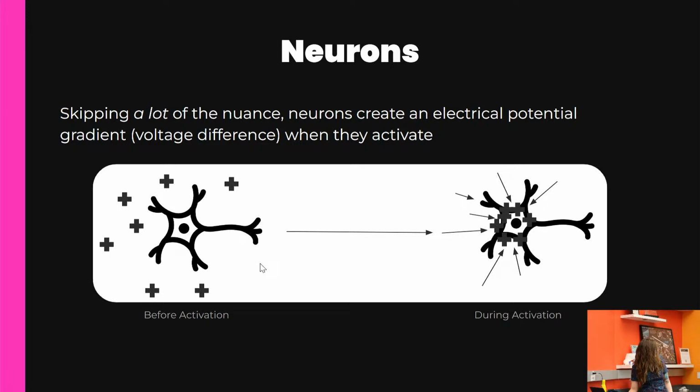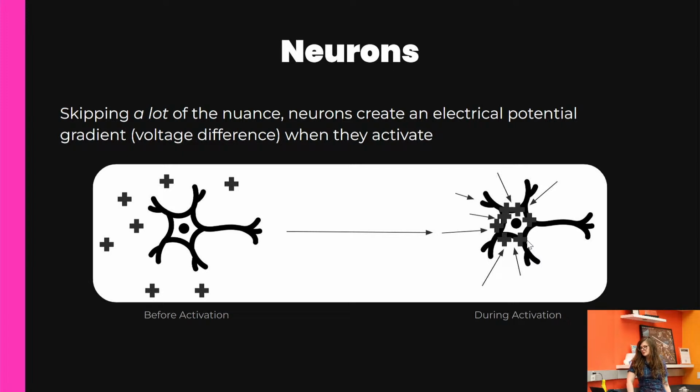Information comes in from those, goes through the cell body, the little circle, and then comes out through the axon and the terminals. The neurons create an electrical potential gradient when they activate, which draws positive ions towards the inside of the cell. You can see that with the positive ions here moving into the neuron.